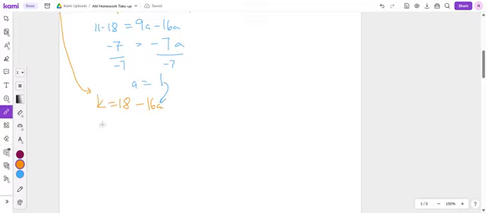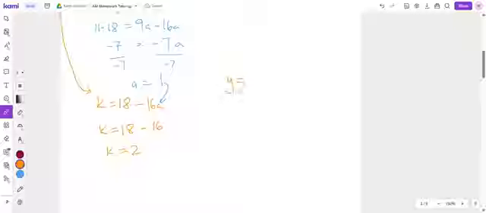So I get k equals 18 minus 16 times 1, which is 16. And so k equals 2. So I found the a, I found the k. I'm not done. I was asked to find the equation. Therefore, my equation is y equals 1x squared plus 2. My a and my k.